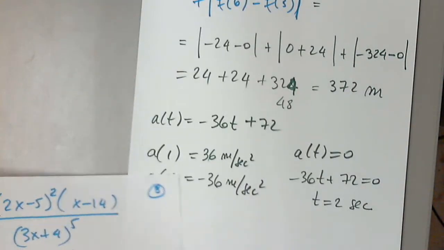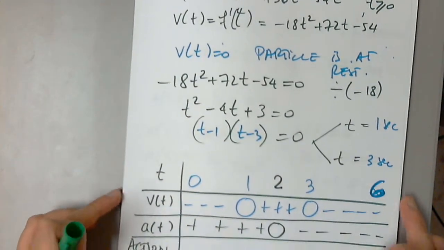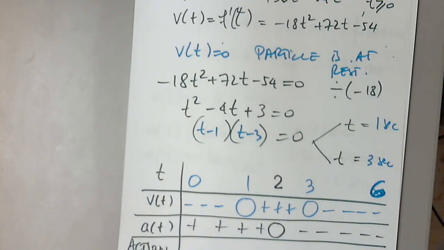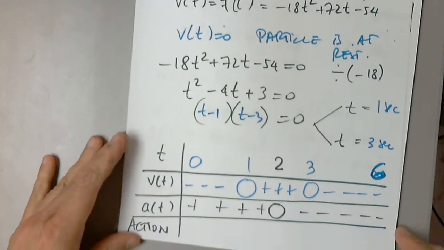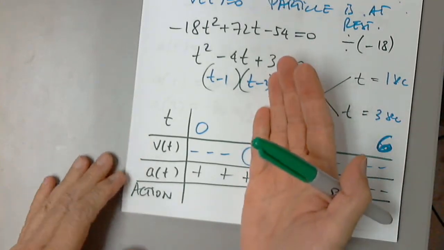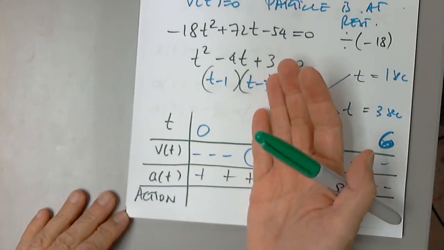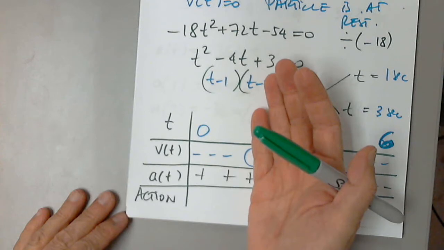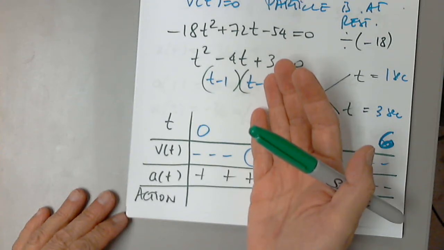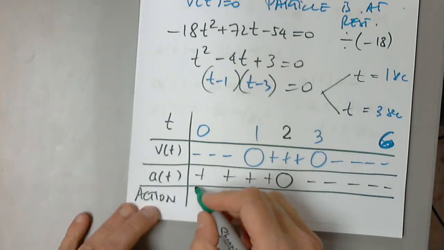Good. So now we're asked, on which intervals is this particle slowing down or speeding up. So we look at the first interval. The two forces, velocity and acceleration, are not helping one another. Slowing down.